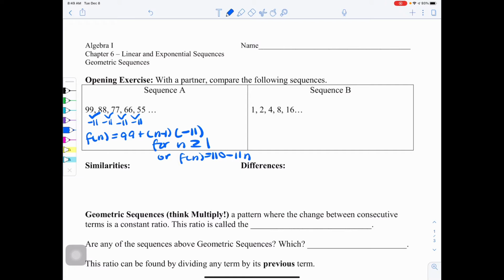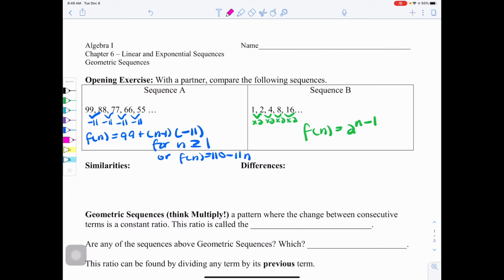Now, if you look at sequence B, and I look for the pattern, here there's not a plus pattern. I see a times 2 pattern. So if you think back to our integer sequences that we did earlier, this would be f of n is equal to 2 to the n minus 1.